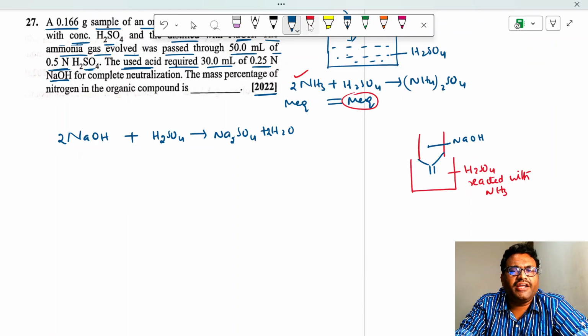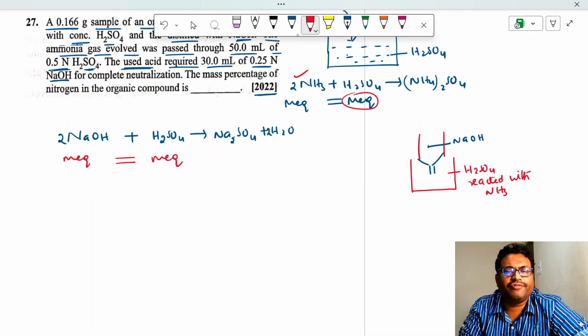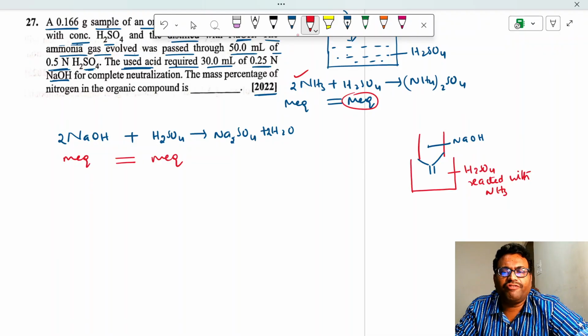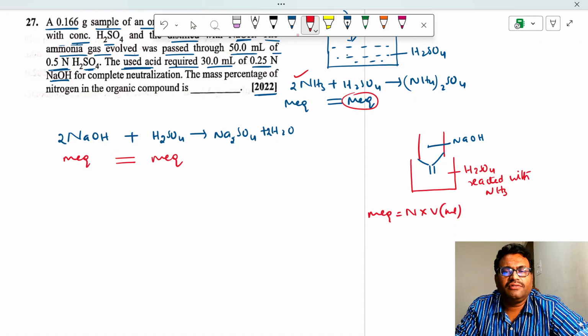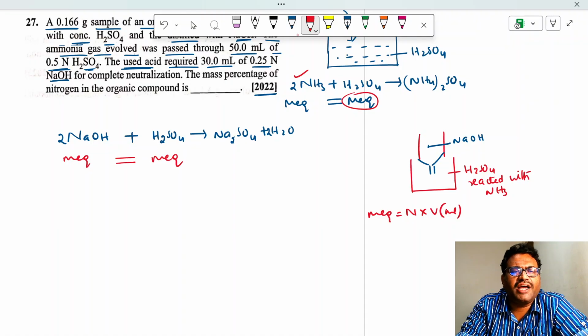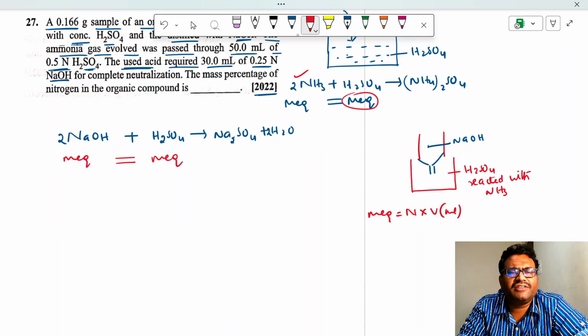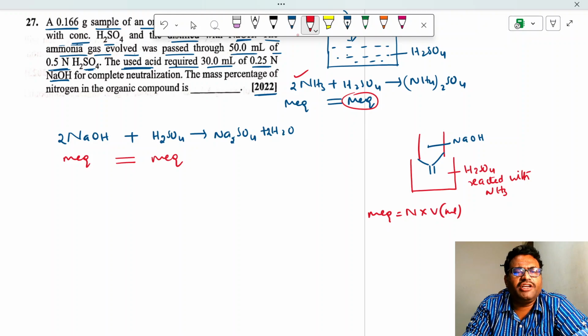Now, I can write milli-equivalents of NaOH is equal to milli-equivalents of H2SO4. And you know the formula, milli-equivalents is equal to normality into volume in milliliters.